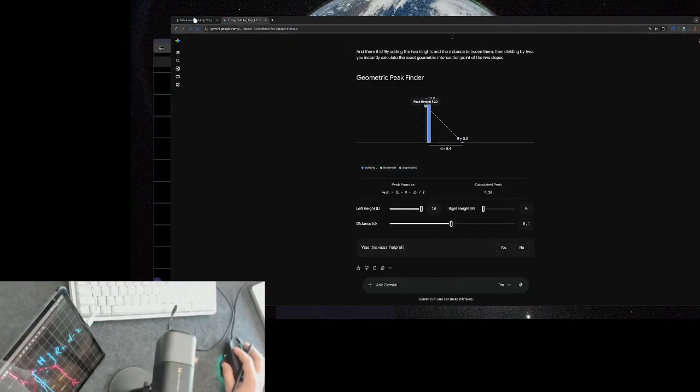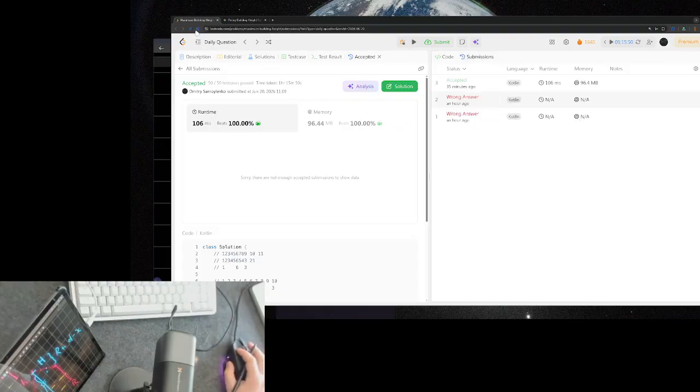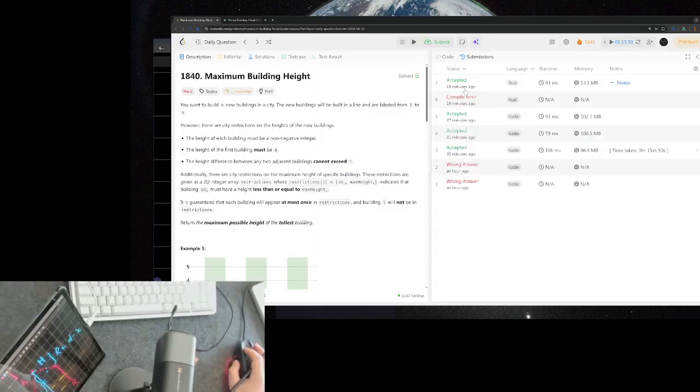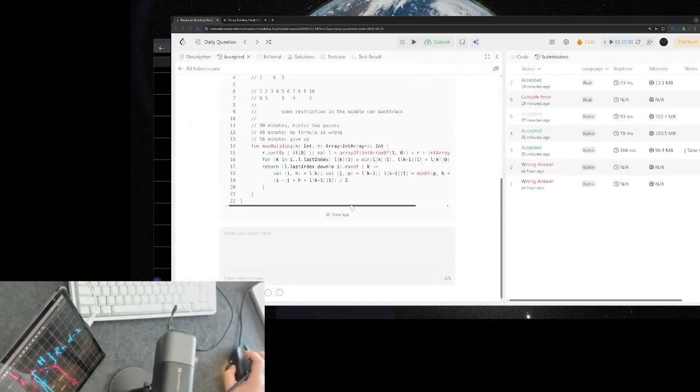Okay, now again let's look at the code. I didn't write it myself. I gave up after 56 minutes and just copy pasted it. Let's look at what can be done with this code. Look at this.